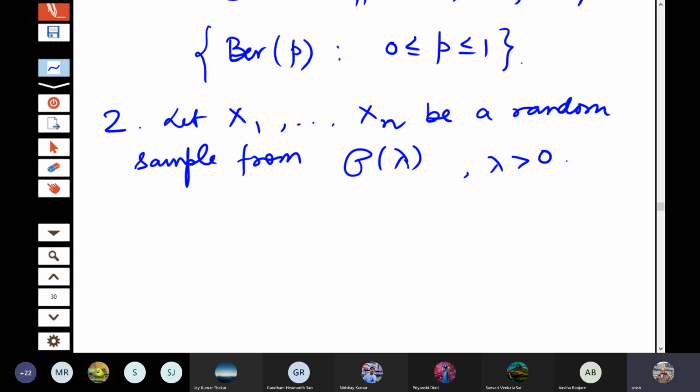Let me ask someone, let me call names of some students here. Is Keshav Reddy there? Keshav Reddy? Oh, some students there, I think, just keeping it on and not present. Okay, let me ask Astha Banjare.